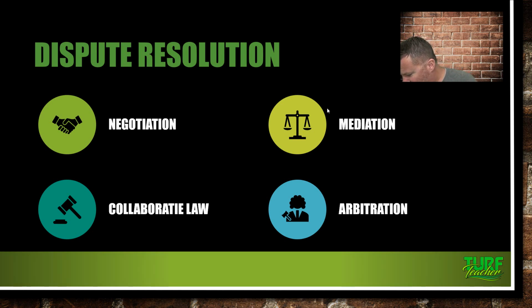Oh, collaborative law is a facilitated process wherein all parties agree at the onset to work to identify a solution that is beneficial to all parties involved. So you're kind of sitting down, and again, kind of more of a negotiation.